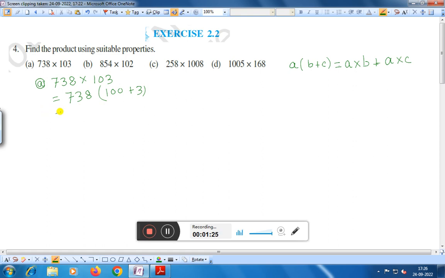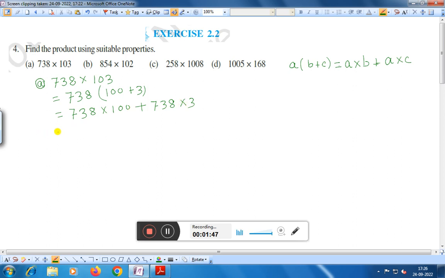Now you can write here as 738 into 100 plus 738 into 3.